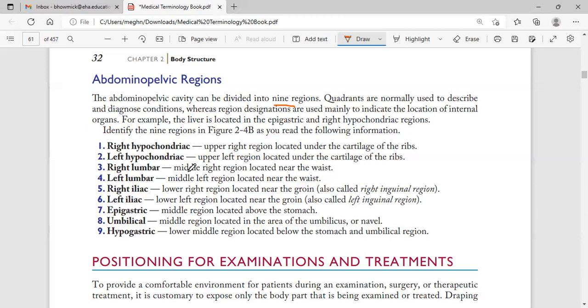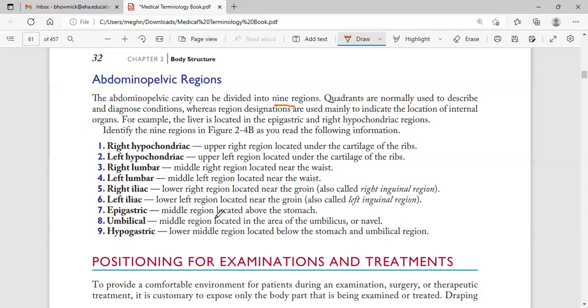Right lumbar, middle right region located near the waist. Left lumbar, middle left region located near the waist. And right iliac, the lower right region located near the groin.